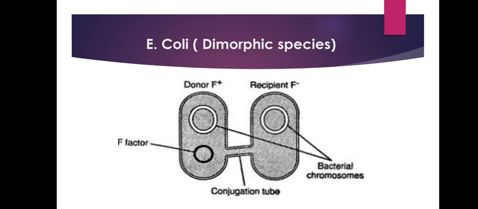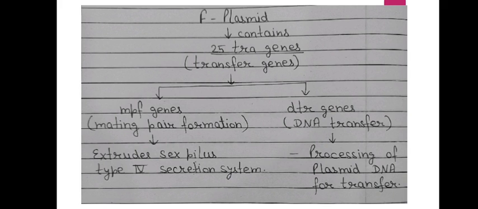So let's discuss what are the genes that are responsible for the whole process. Actually, F plasmid contains tra genes. Tra is the short form for transfer. So it contains 25 transfer genes, out of which some are MPF genes and some are DTR genes.